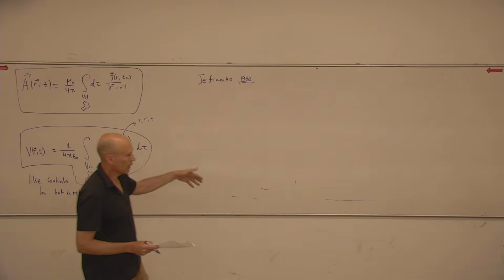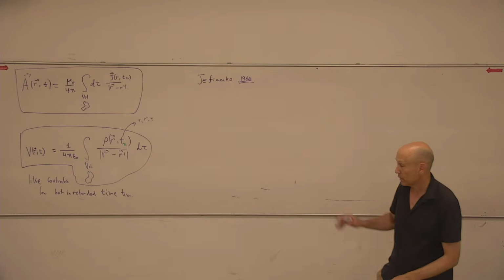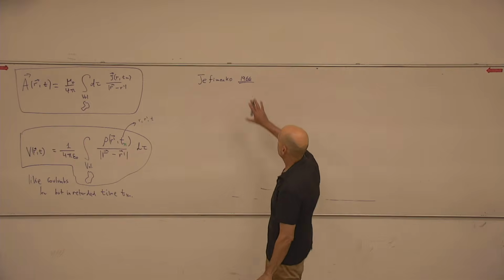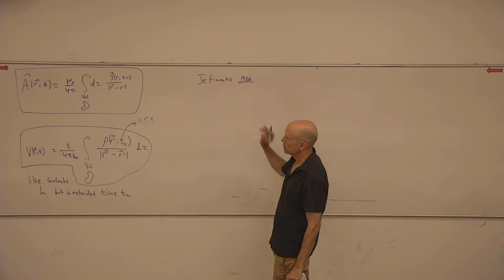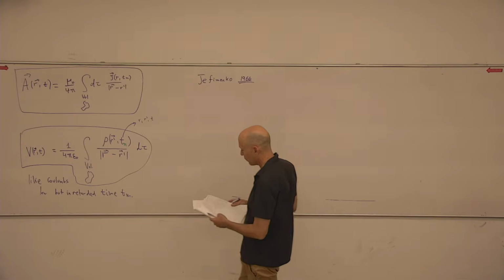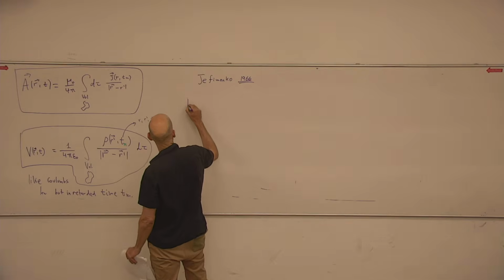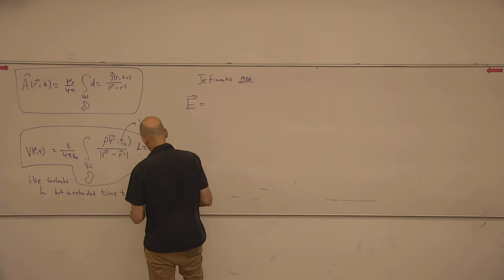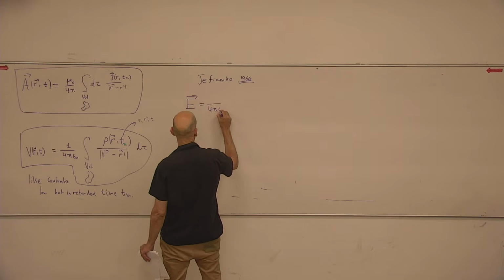I mean, all this was done before the 19th century. But there was a reason why it was only then, and there is a reason why we should look at it. So if I use these two equations and I want to calculate E in general, what will I see? I'll write it down, but you don't have to.